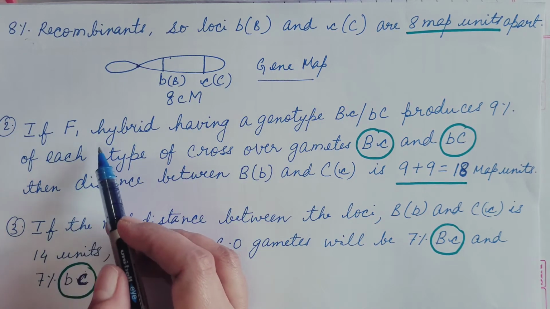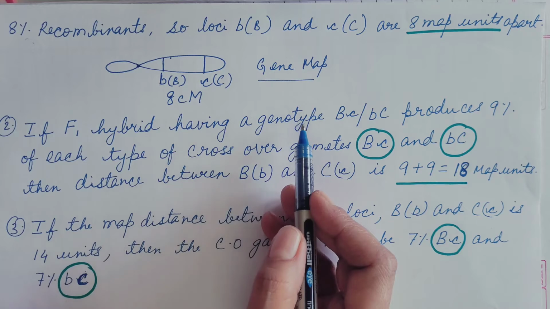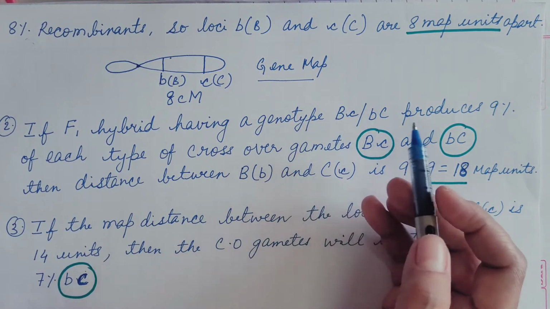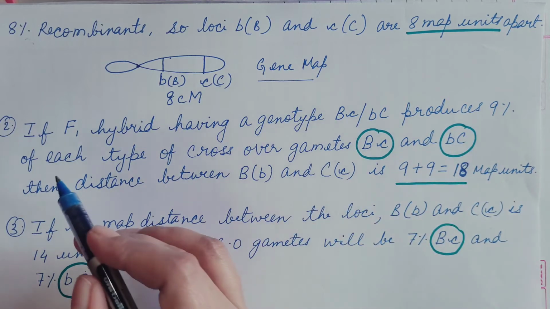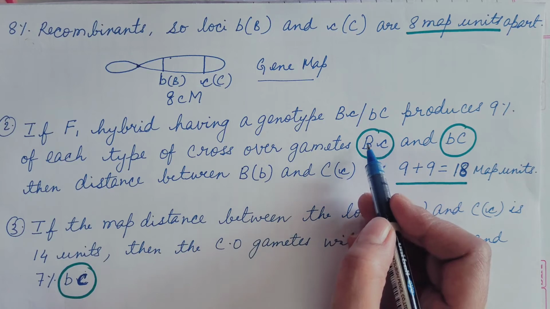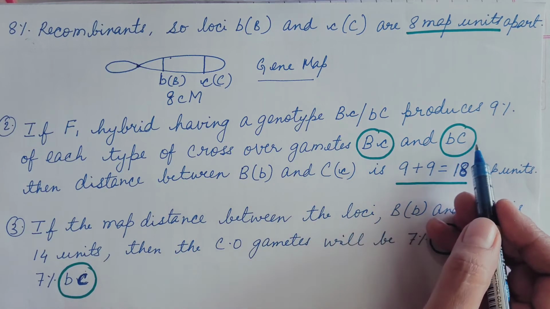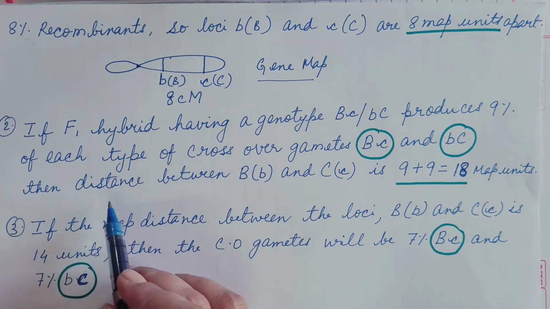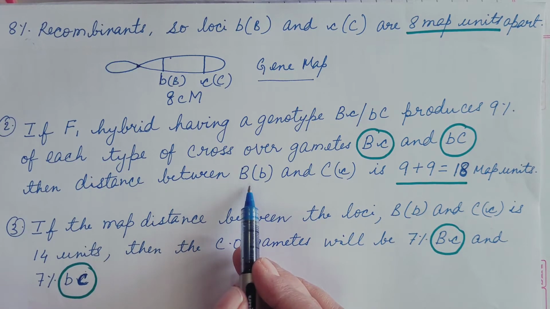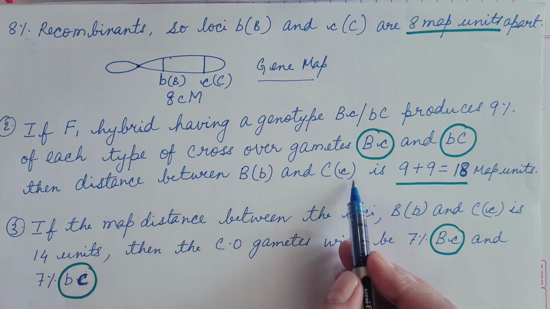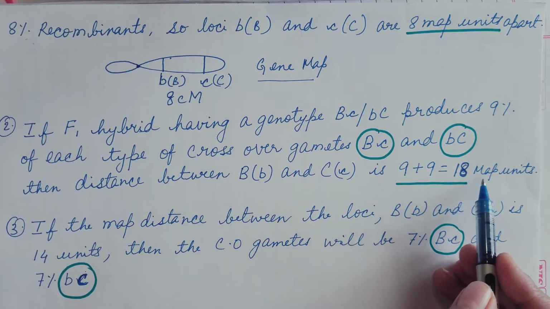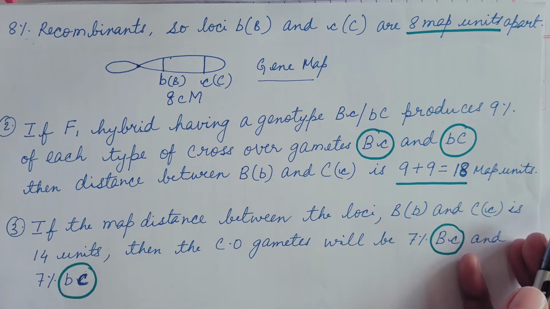If an F1 hybrid heterozygous for both alleles B and C produces 9% of each type of crossover gametes, capital B small c and small b capital C, then the distance between loci B and C is 9 plus 9 equals 18 map units.